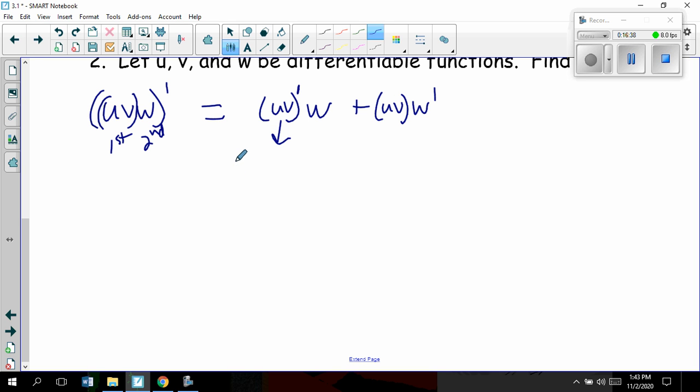This is another product rule, because I have 2 things multiplying that I'm then taking the derivative of. So that thing is going to expand into its own product rule, with w prime after it. So my product rule for this product would be u prime v plus uv prime. Okay. And that answer is fine.